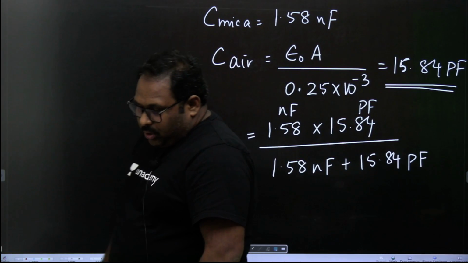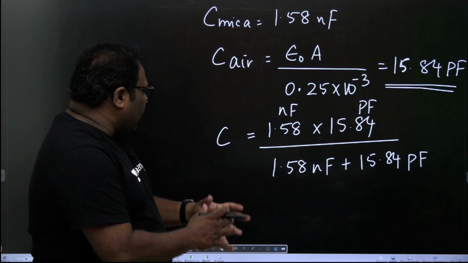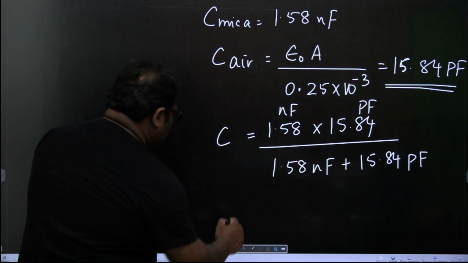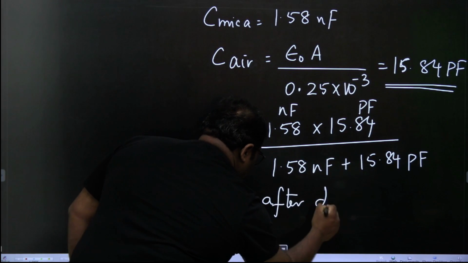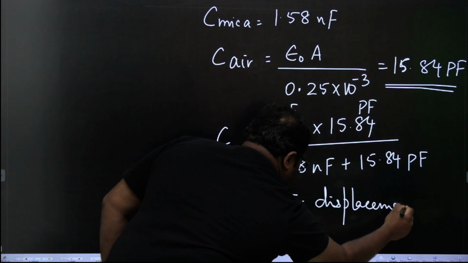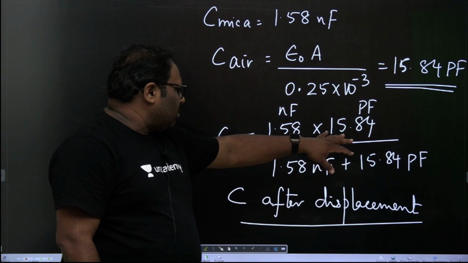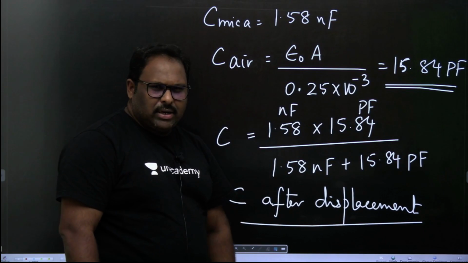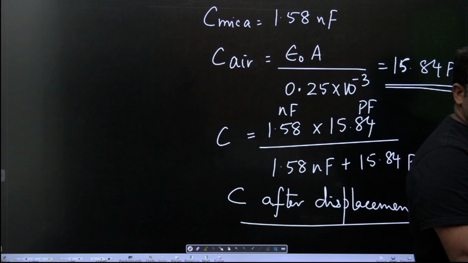I hope you got the point, students. So, what is the approximate value you can get from this? This is the C after the displacement. This is the C value after the displacement. And it will come surely close to that 15.84 picofarads. It will come quite close to that, slightly maybe lesser than that.